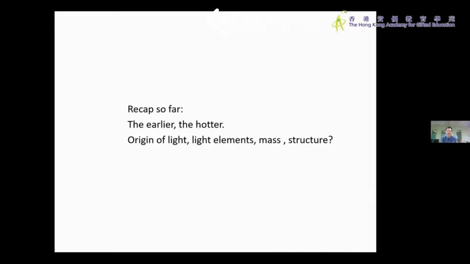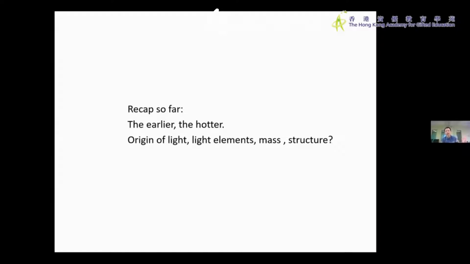We talked about the origin of light: the first ever free light comes from when our universe transitioned from a plasma state where light cannot freely travel to a state where electrons combine into atoms and light can freely travel.